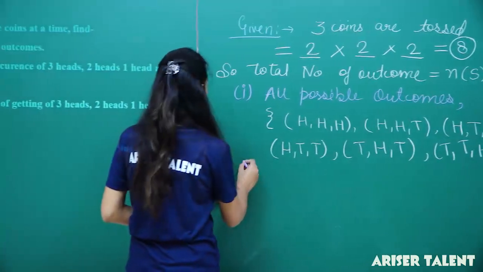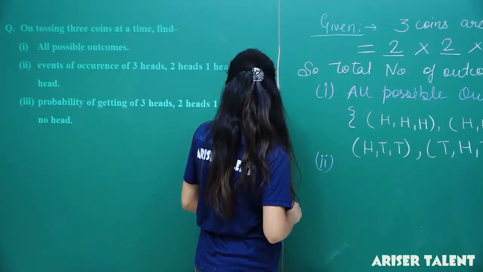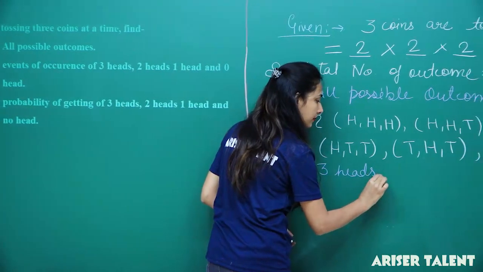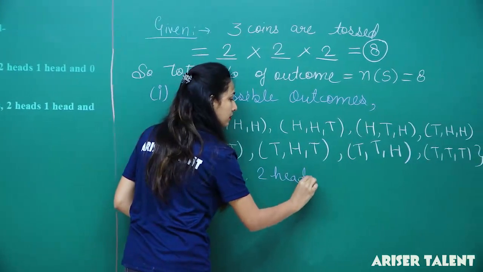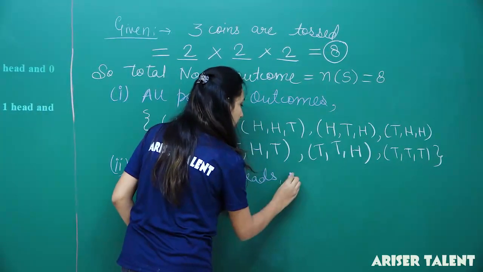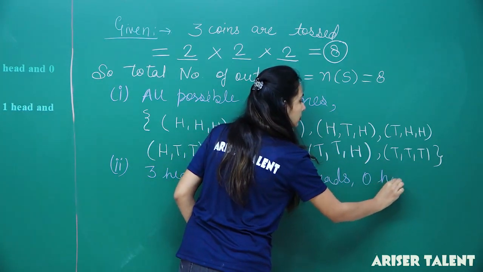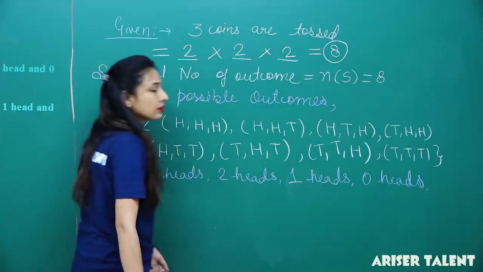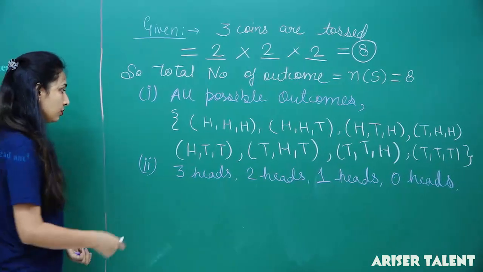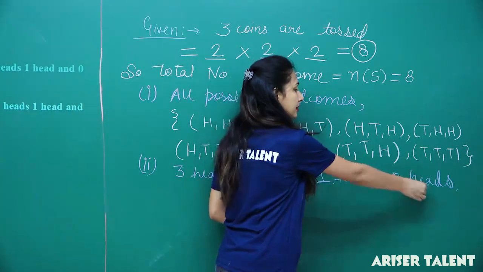The second thing we have been asked about is 3 heads, 2 heads, 1 head and 0 heads. I have all the possible outcomes, I just have to count them, right? So this is case A, this is case B, this is case C, and this is case D.